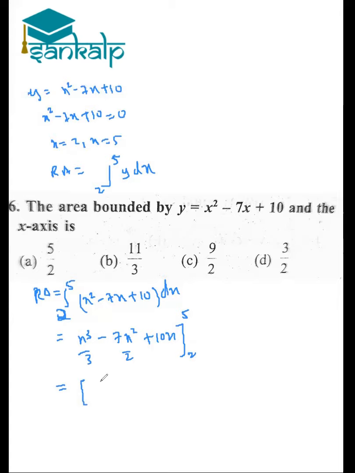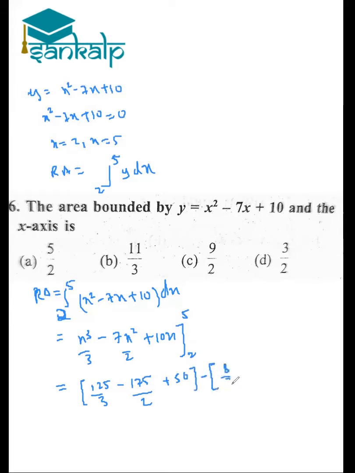First we need to substitute the limit 5. So it will be 125 upon 3 minus 5 square is 25 into 7, it will be 175 upon 2 plus 50, minus replace by 2.